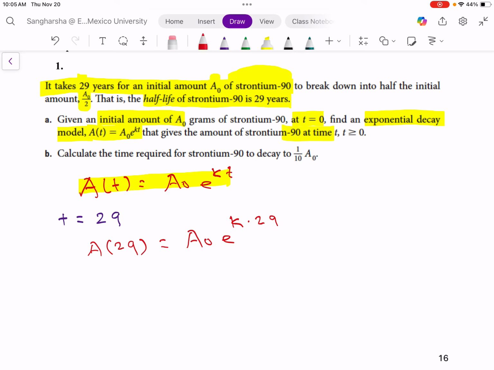It will be exactly half after 29 years. That's the property of strontium 90. Now, our time is 29 years. So what will be the amount of strontium after 29 years? It will be exactly half of what we have during our original time. Do you agree?